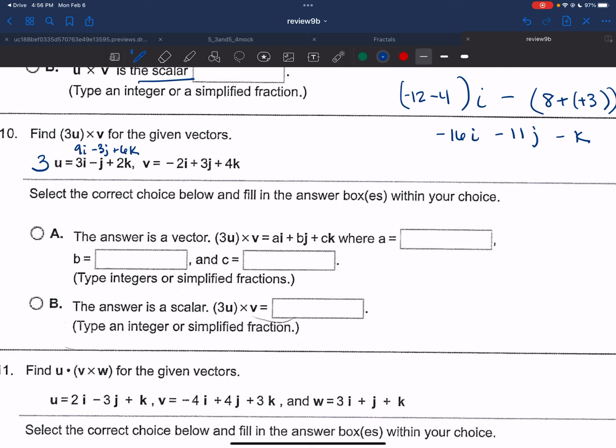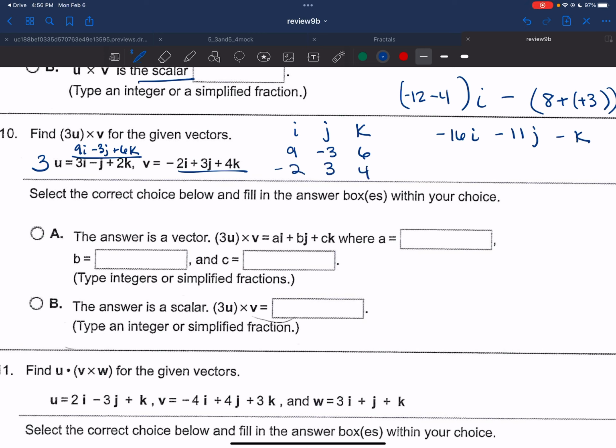So I'm going to do a cross product with that and that. So i, j, k, set up my matrix: 9, -3, and 6; -2, 3, and 4.